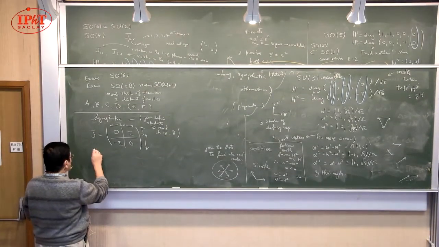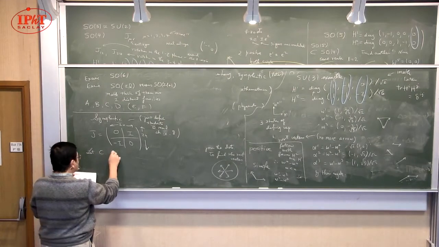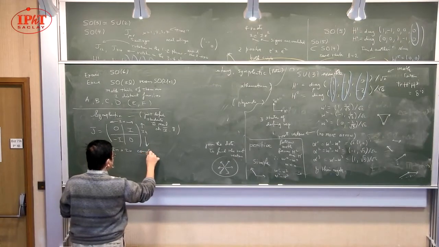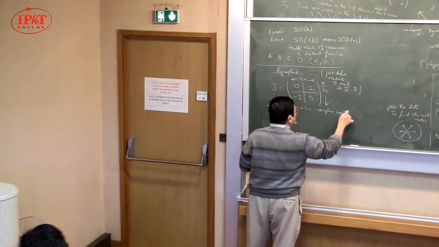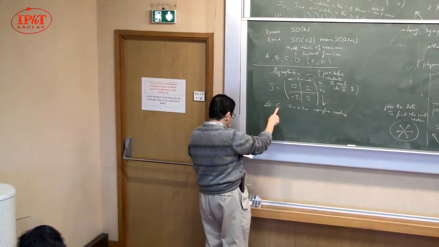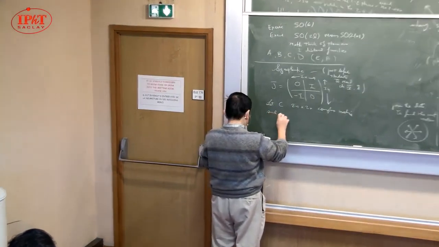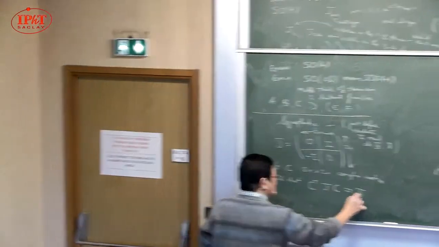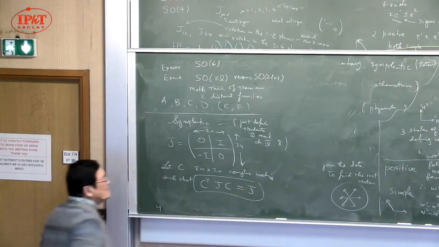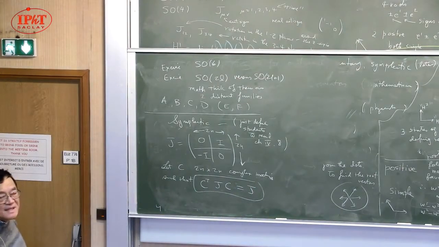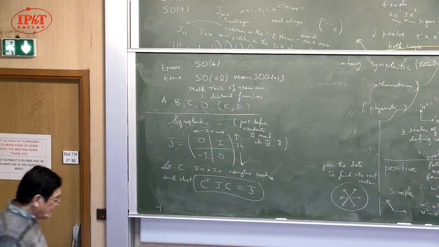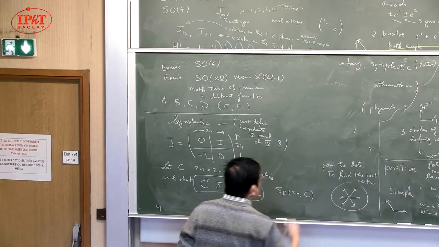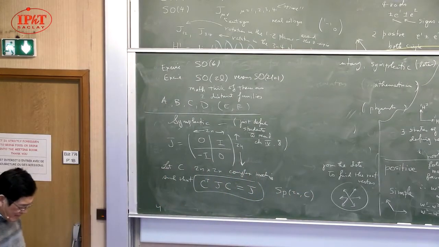And so let's see the 2n by 2n complex matrices, so complex means that the elements are complex numbers, such that C^T J C is equal to J. So that J is invariant under C. Okay? And this defines the group SP 2n C, symplectic group on 2n and C.